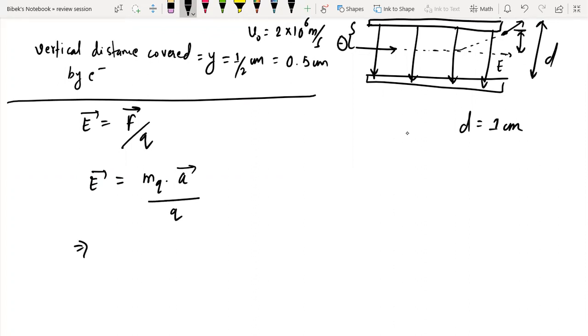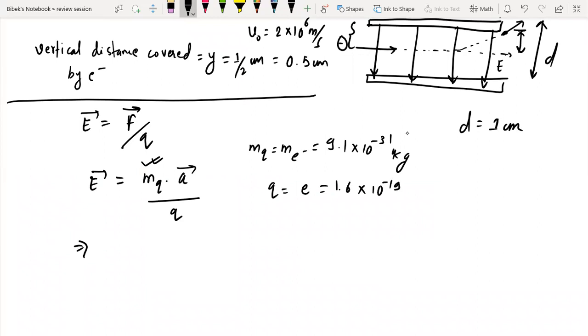So if you have the mass already, it's the electron, so your mass is the mass of the electron, that is 9.1 times 10 to the negative 31 kilograms. And the charge Q is E, that is 1.6 times 10 to the negative 19 coulomb. So you have both of these things.